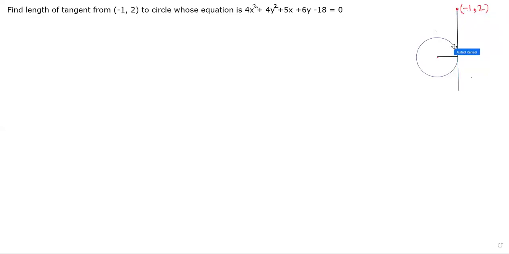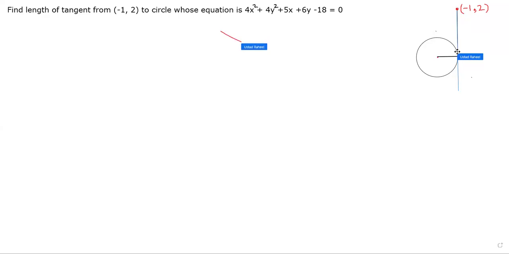So I have to find the length from this point to this point, but these coordinates are not given to me, so I have to somehow find it without using the distance formula for these 2 points. So what will be my first working?